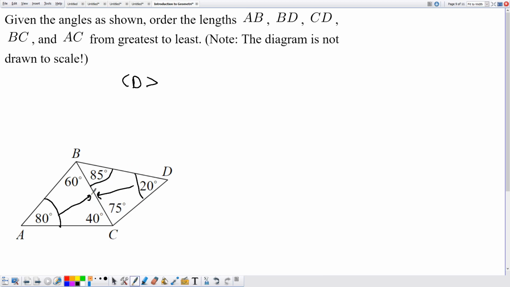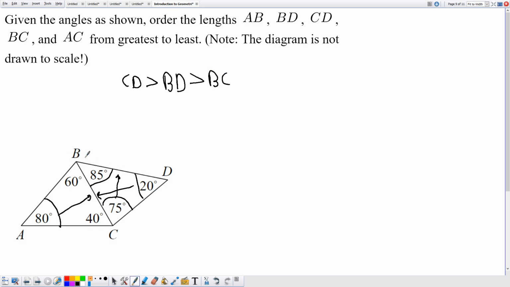What is going to be the next largest side is the one opposite the 75-degree angle in triangle BDC. That's the side BD. Therefore, after that, we know in ABC the largest side is BC, and since we have covered the other two sides of triangle BDC, our next largest side is BC.